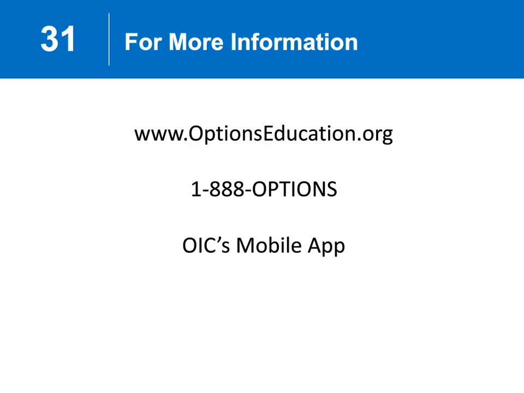Great, thanks, Bill. A couple questions that we had were about assignment. Is it easy to determine when the short side of the position might be assigned? Oh, that's a great question.